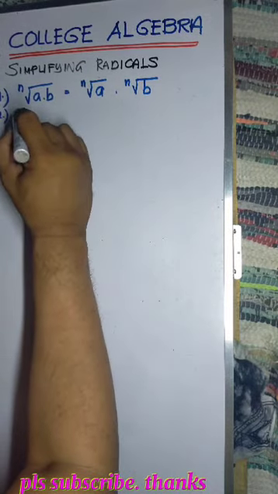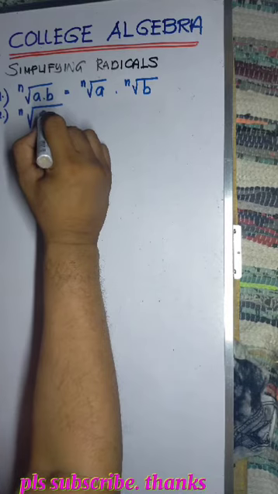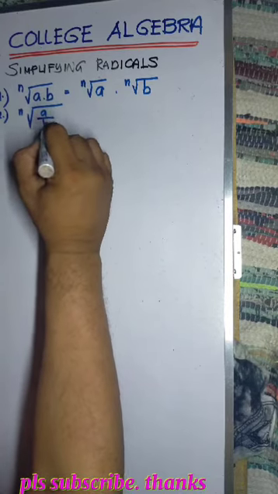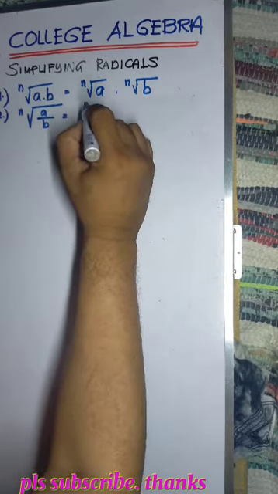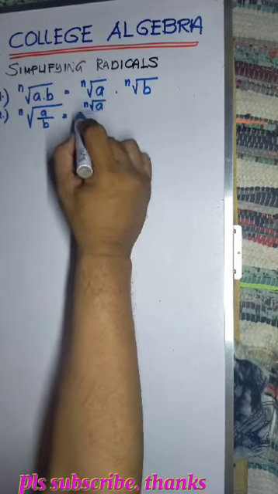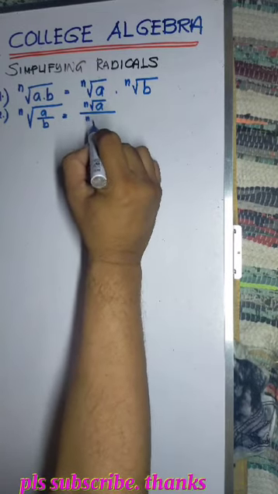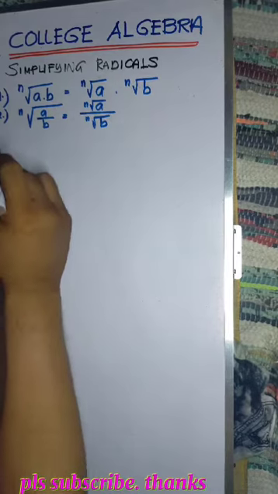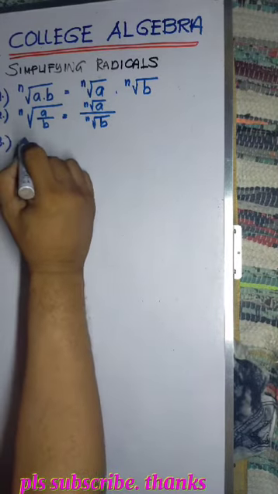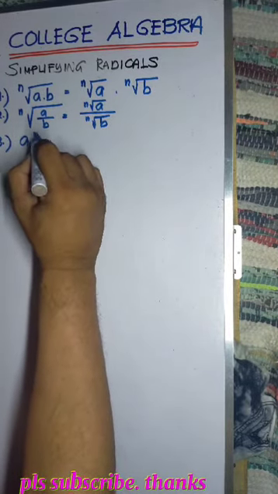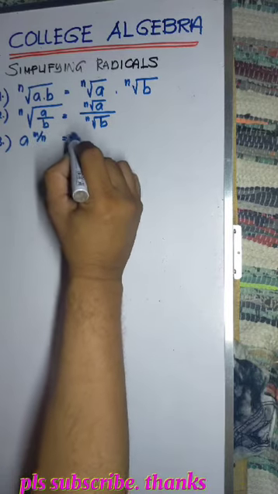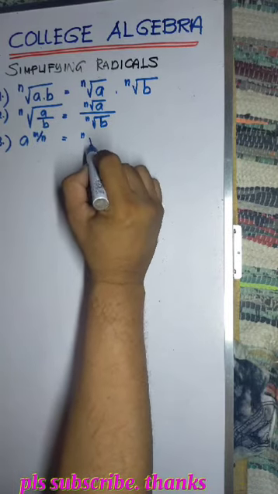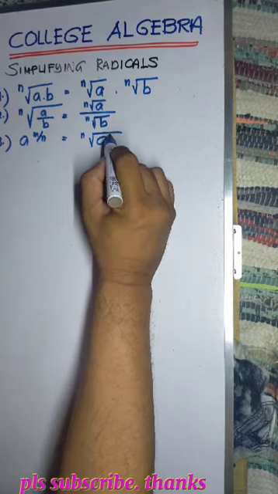For number 2, the nth root of a divided by b is equal to the nth root of a over the nth root of b. Number 3, a^(m/n) will become the nth root of a^m.